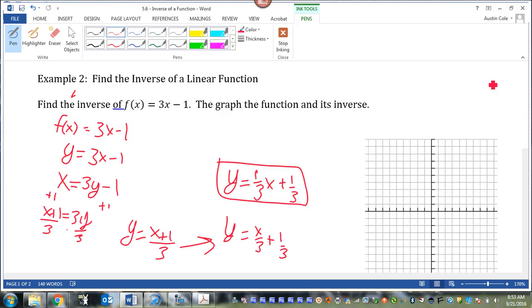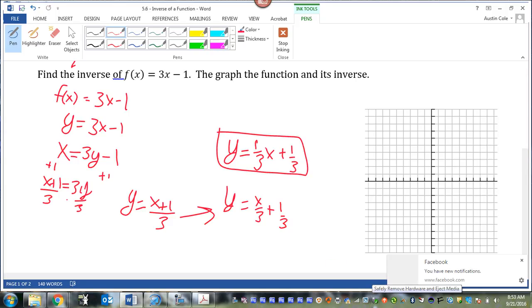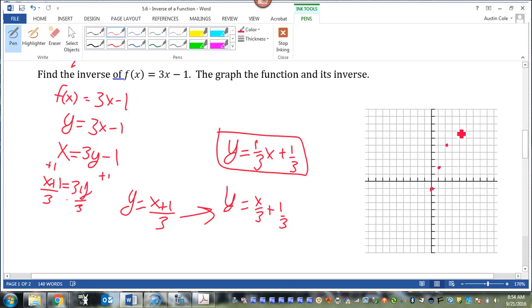So how can we check this to make sure that we got the right inverse? Graph it. Exactly. So we have 3x minus 1. Your y-intercept is -1. Slope of 3 over 1: 1, 2, 3 over 1.